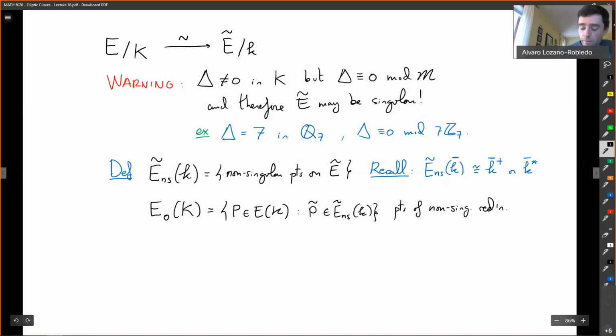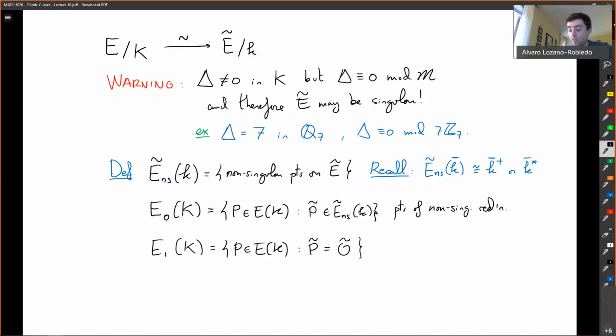And E1 of K is going to be the points that reduce to 0 over the residue field.